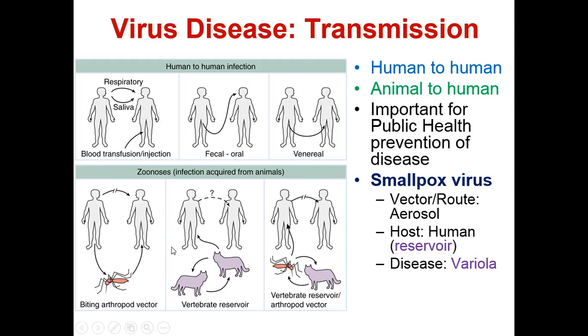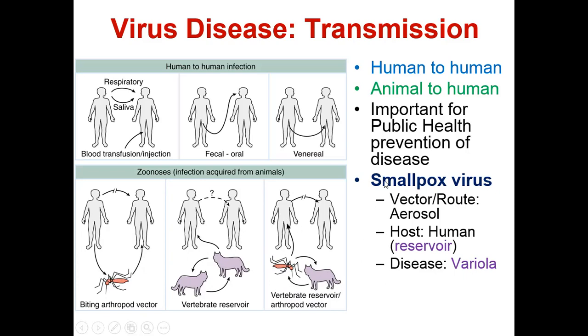Or it can be from animals to humans, where a vertebrate serving as a reservoir directly bites a human being and they get infected, or sometimes individuals get virus infection through the bite of arthropod vectors, or sometimes there is a relationship between a vertebrate reservoir and an arthropod vector, and then either one of these two can infect individuals.